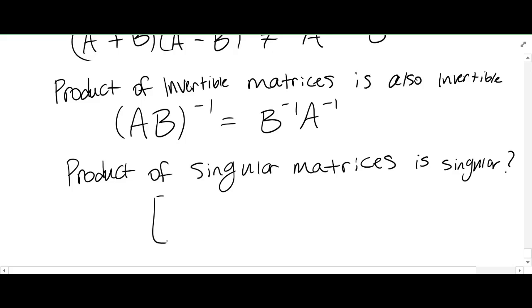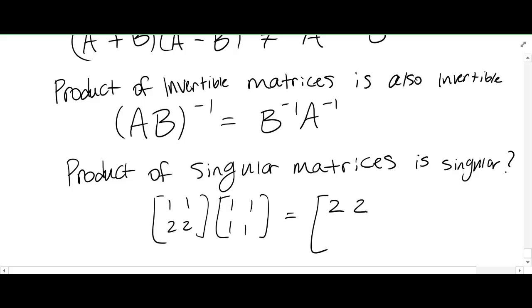You multiply it by another matrix that doesn't have an inverse, say 1, 1, 1, 1. Neither of those have inverses, but if you multiply them together, let's see, you would get 2 in that entry, 2 in that entry, and then 4 and 4. Well, that's not invertible, so looks like it works out.